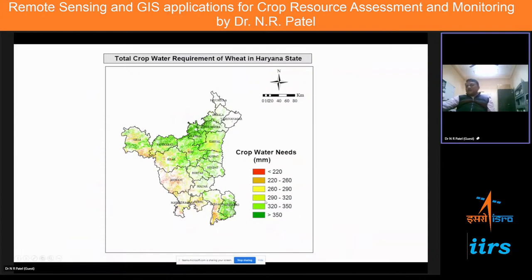You can see the majority of districts have a crop water requirement between 290 mm and 350 mm. If you take 50 mm as one irrigation, it will come to around 6 to 7 irrigations. Mostly 5 to 7 irrigations are required across Haryana to meet the water requirement of the wheat crop.